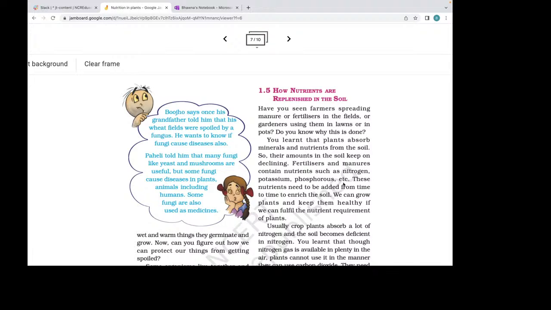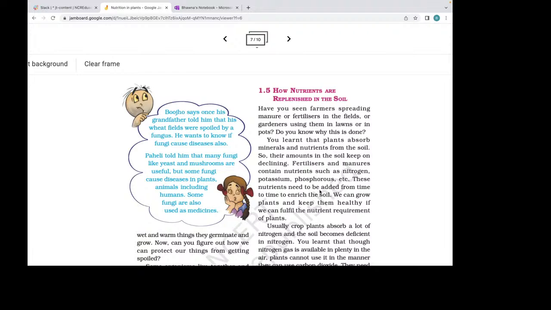तो ये जो fertilizers होते हैं they are basically compensating for this declining. जो minerals plants soil से लेते हैं, we have to compensate for it. So हम इसलिए मिट्टी में ये fertilizers add करते हैं so that plants can keep on getting nutrition from the soil.